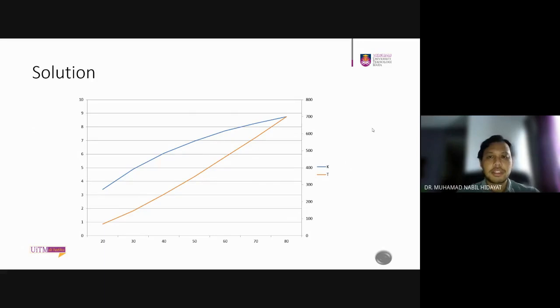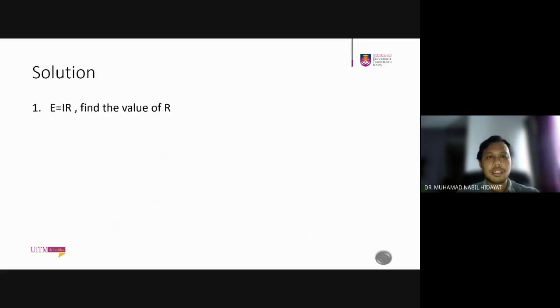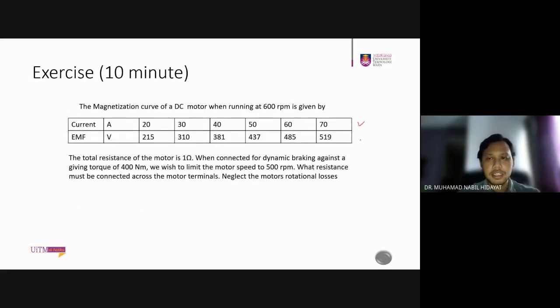So of course you have to search for the value of K constant and torque, based on the given values here. This one is the value of EA, and you have the value of current. So using equations 1, 2, 3, you have to find the value of K and the value of torque, for each value of I and EA. Simple.